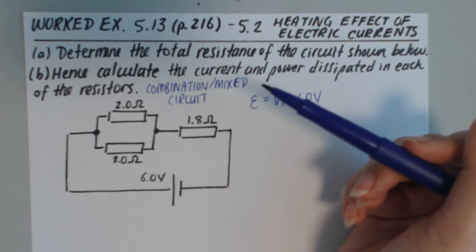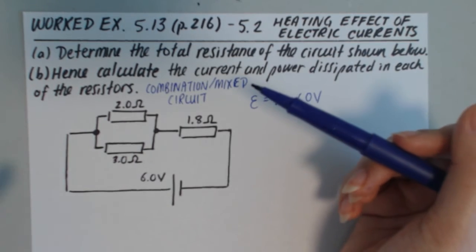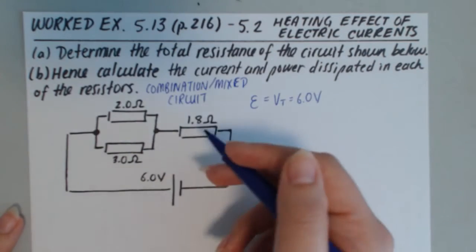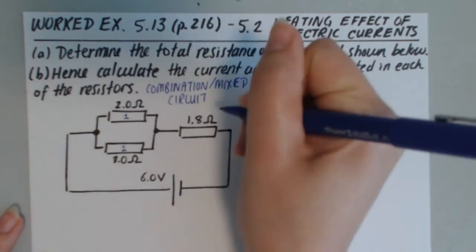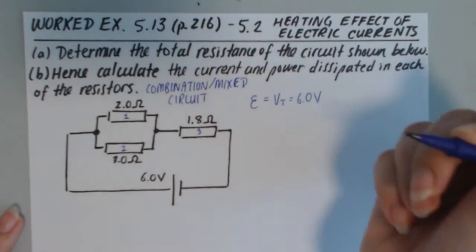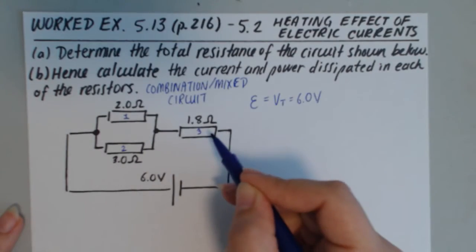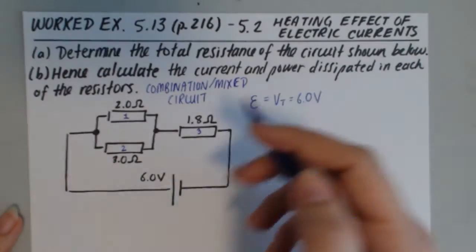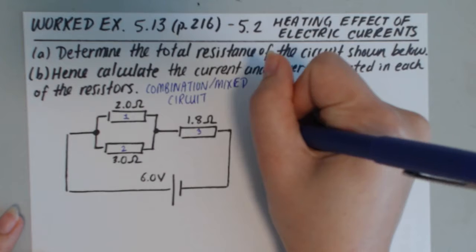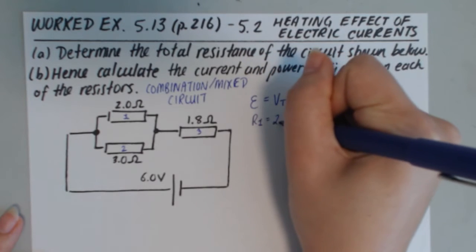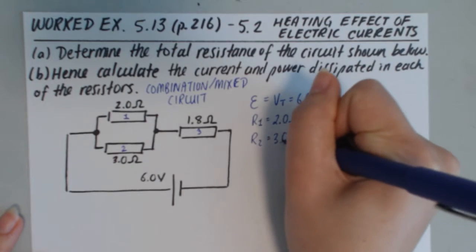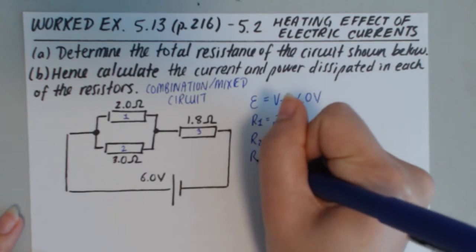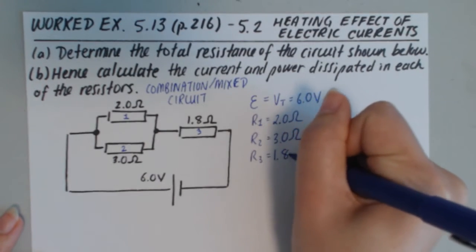But before I do any actual math, I'm going to label these, because usually in the question they're not labeled, but I'm going to use subscripts in my calculations. So I'm just going to label these 1, 2, and 3. That means R1 is 2 ohms, R2 is 3 ohms, and R3 is 1.8 ohms.